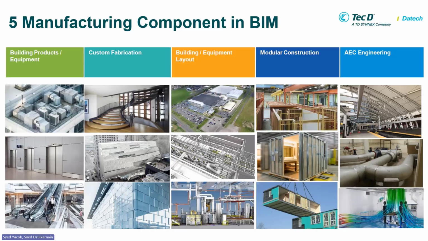Here are some examples of the manufacturing component in BIM. So building products and equipment. You should probably fall in some of these parts: building product and equipment, custom fabrications, building or equipment layouts, modular constructions, or maybe even some AEC engineering related.